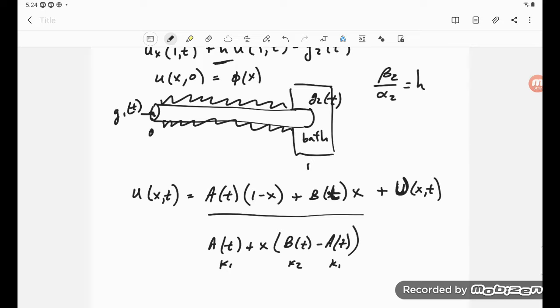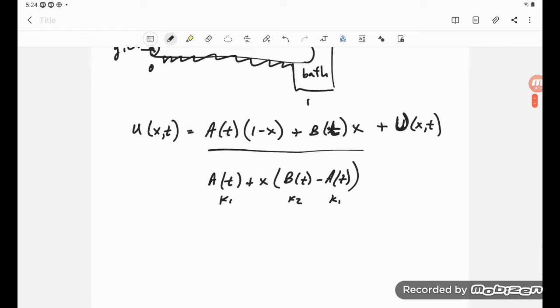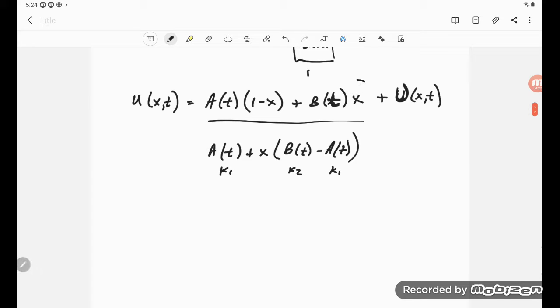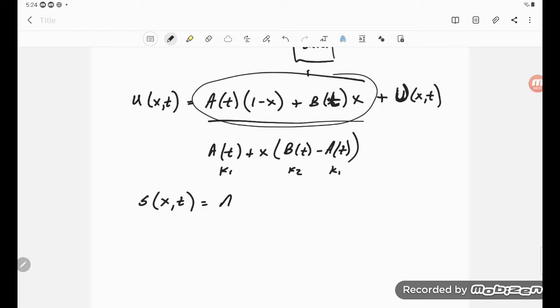Okay, and they say, okay, so we're going to name this function s of x and t. So s of x and t is this a of t times 1 minus x plus b of t times x. Okay, and we need to choose a of t and b of t to make this work.